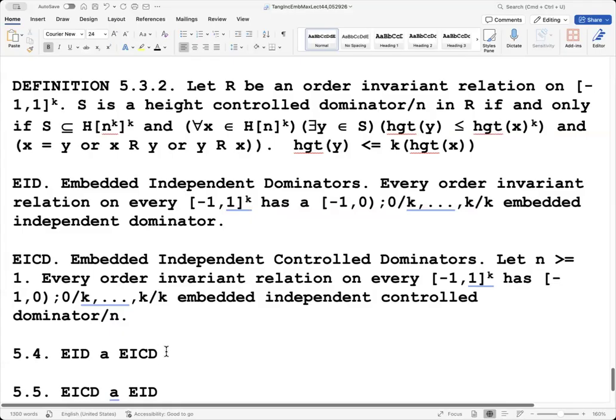So the reversal, the idea is pretty clear. The reversal, in some ways, is easier. The reversal is simply that you have a finitely branching tree. You use Koenig's lemma. You have a finitely branching tree when you have these height controlled things. There's only finite branching, and you just take an infinite path, and that's going to be your embedded independent dominator.